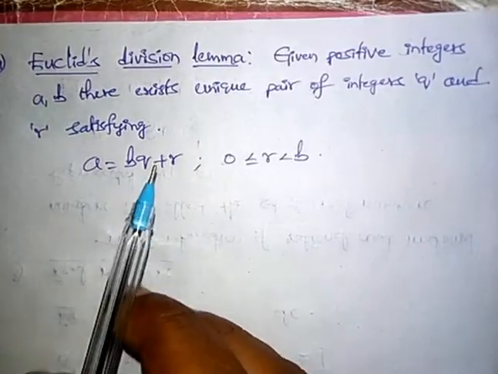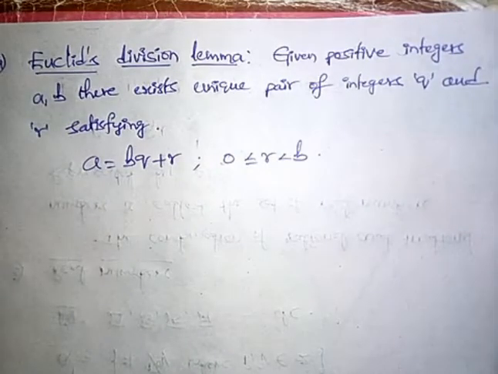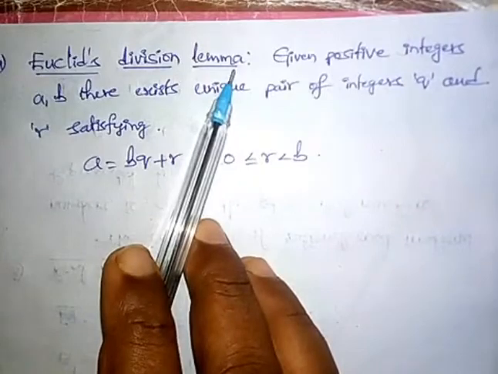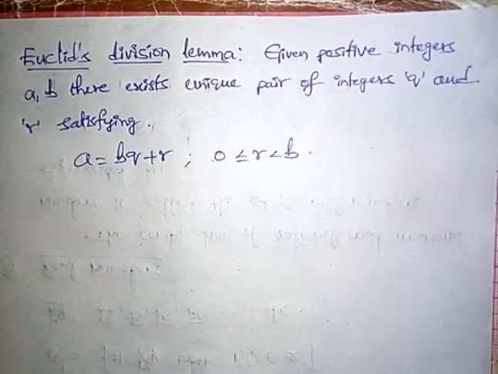Now in this class we are going to learn about the new topic, that is Euclid's division lemma. What is Euclid's division lemma? For any two positive integers a and b, there exists a unique pair of integers q and r satisfying a equal to bq plus r.